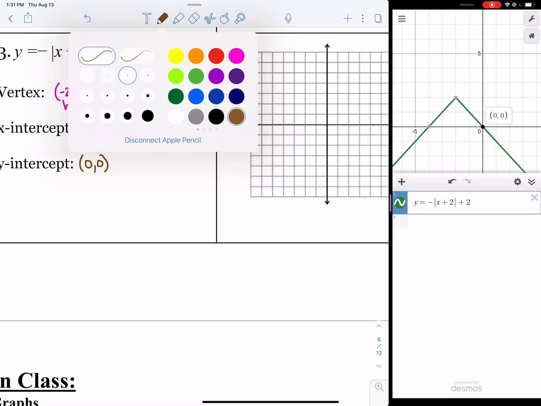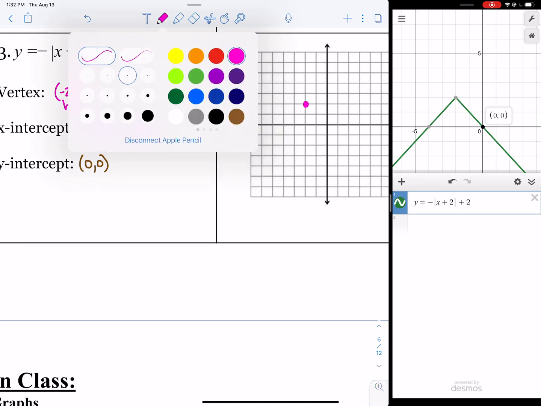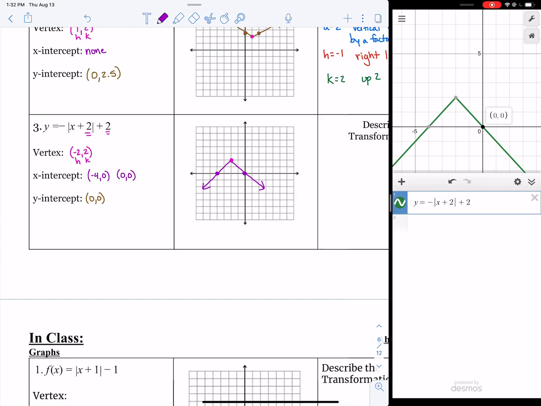Now let's graph this. Let's plot the vertex first. I always like to do that one first. -2, 2. It's like our center point of our function. And then -4 is an x-intercept, and 0 is another x-intercept. And then draw a nice V-shaped graph.